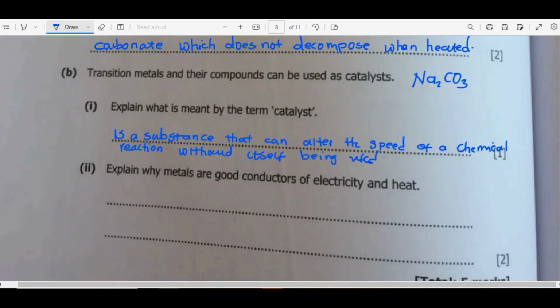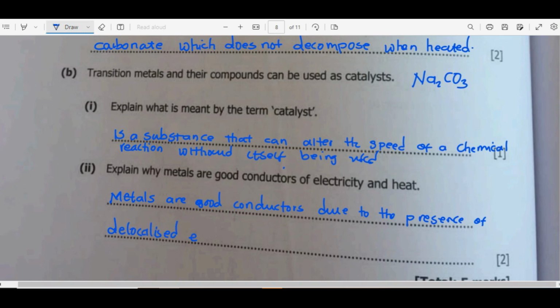Then for question 2, explain why metals are good conductors of electricity and heat. Metals are good conductors due to the presence of delocalized electrons.